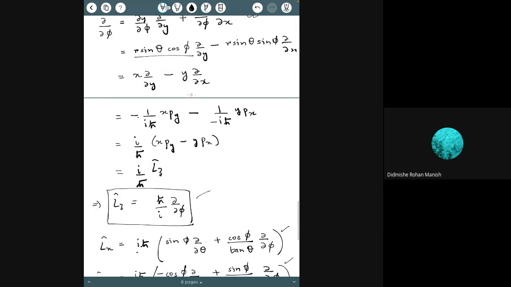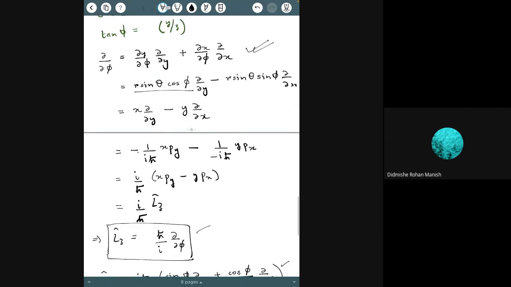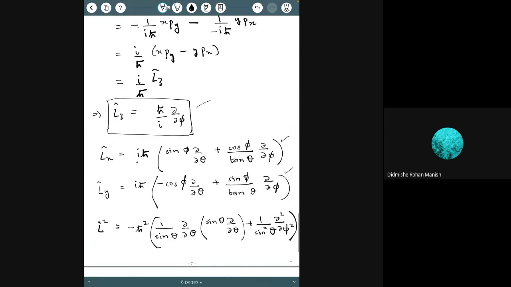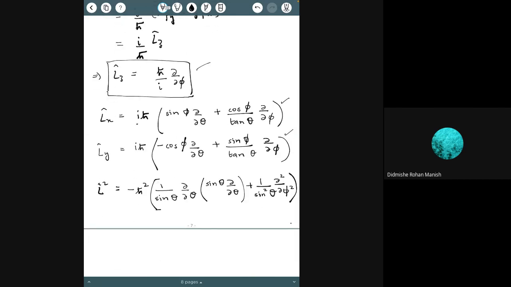Lz is simple. So Lz you practice, and we'll only use Lz anyway. I'm showing you Lx and Ly just for completeness, and also to find L square. L square we'll make a lot of use of, and I think you will end up memorizing it because it has a pattern to it and you'll use it several times.